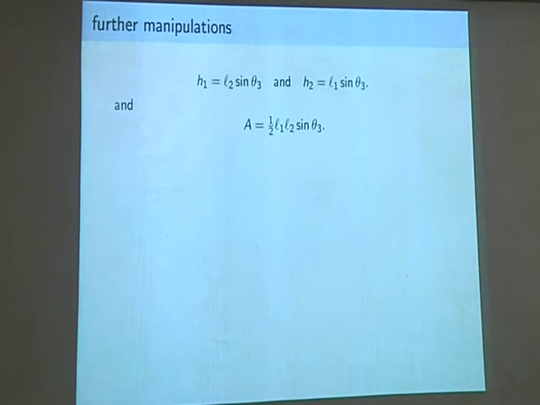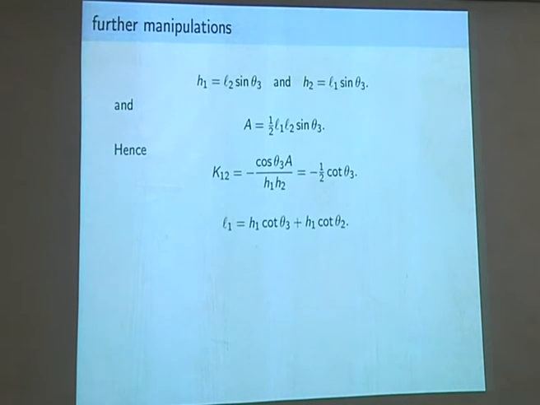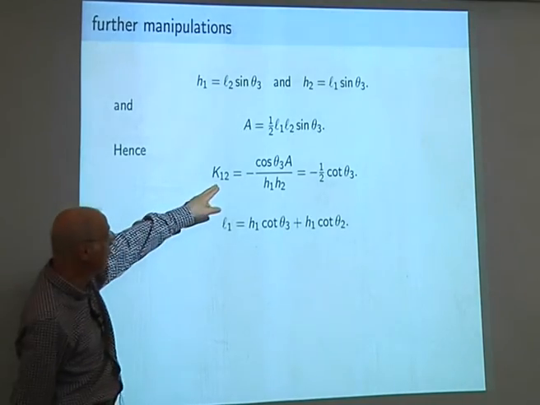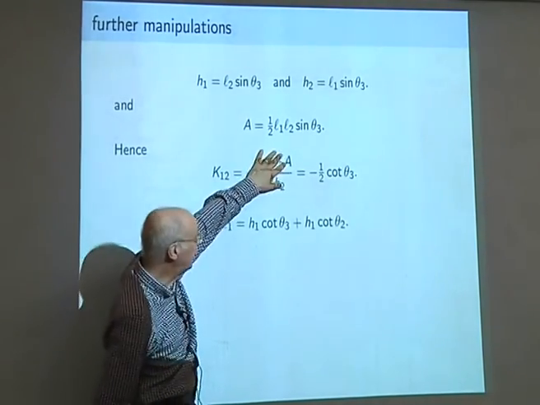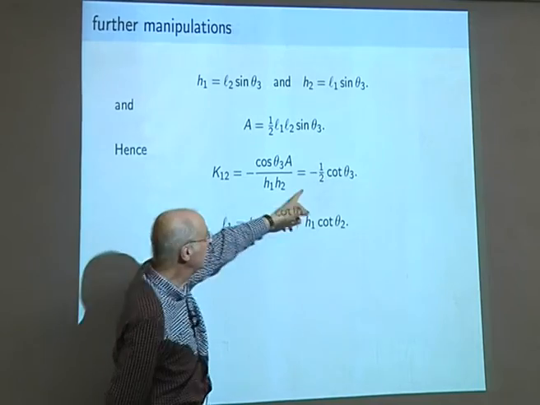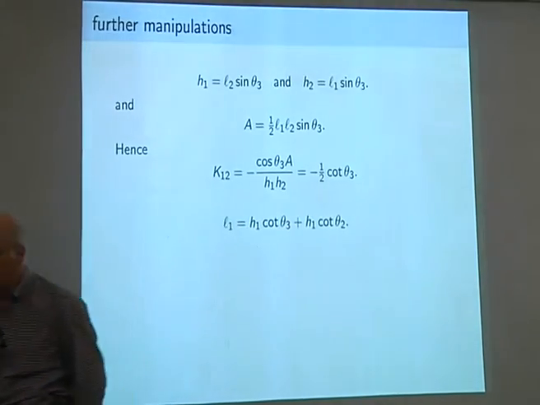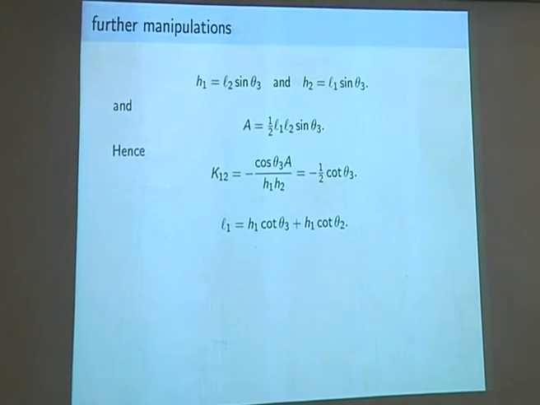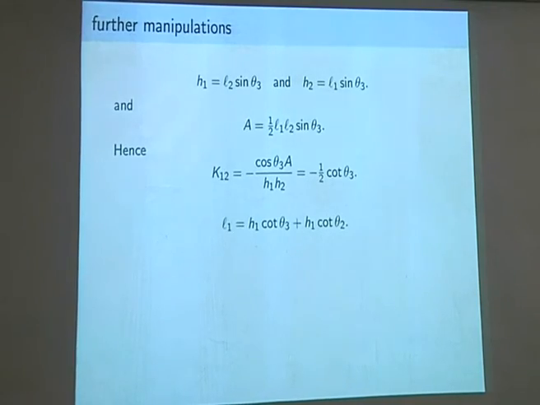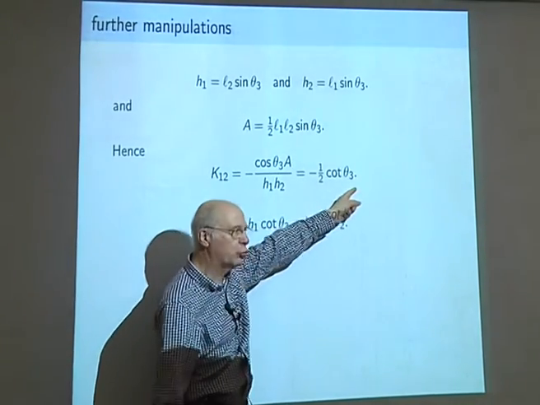So if you substitute all those little formulas in, you find that the stiffness element K_12, that's what we found on the previous one, is minus the cotangent of the third angle. So for element 1, 2 it is angle 3.